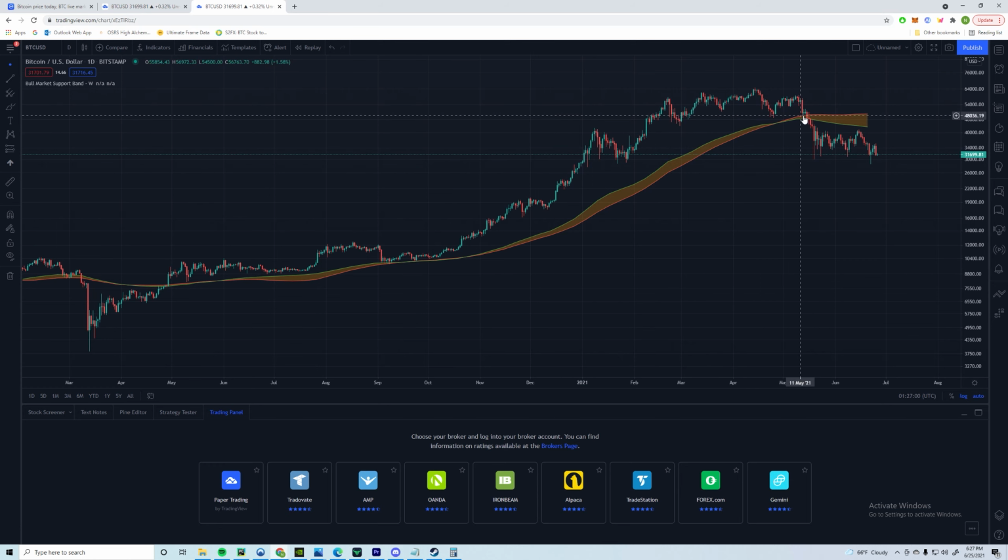But when this breaks below this line right here, this is where the bear market starts, and we need to keep an eye for downward trends. So as long as we're above this line, price go up. As long as we're below this line, price go down.